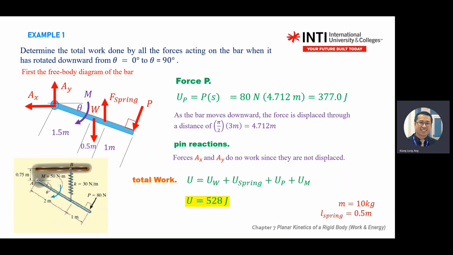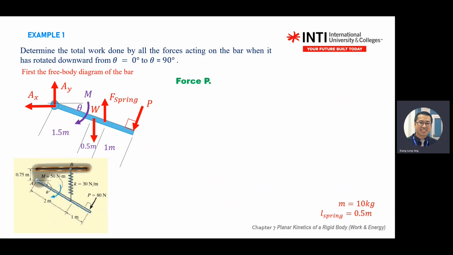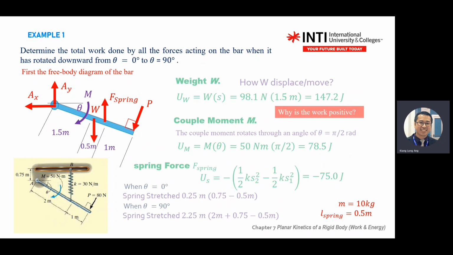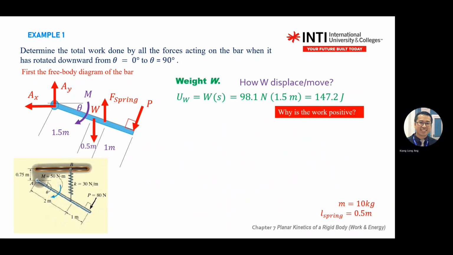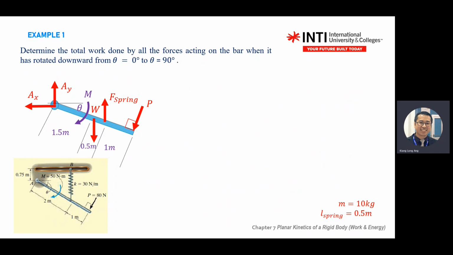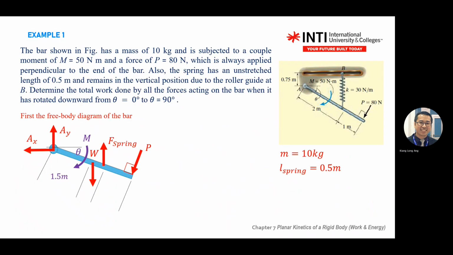Original before means you buy the spring, it gives you 0.5. The original length without any pulling. You just put it on the table, it will just give you the length. So the unstretched length is 0.5. Before you mount on B, it gives you 0.5.